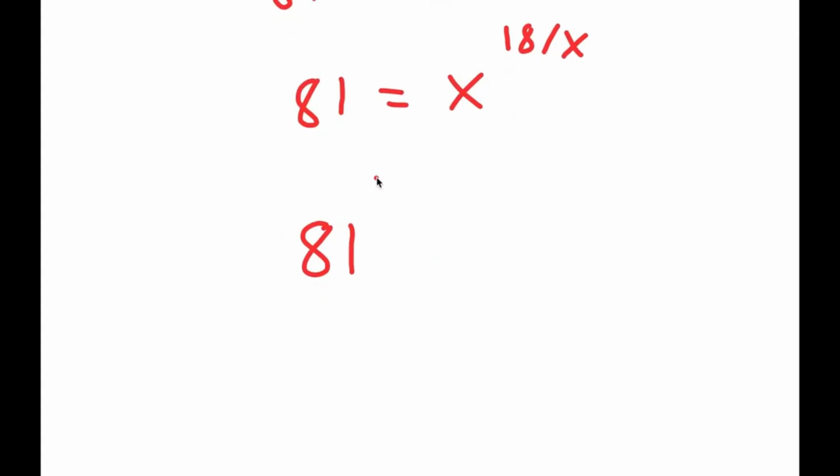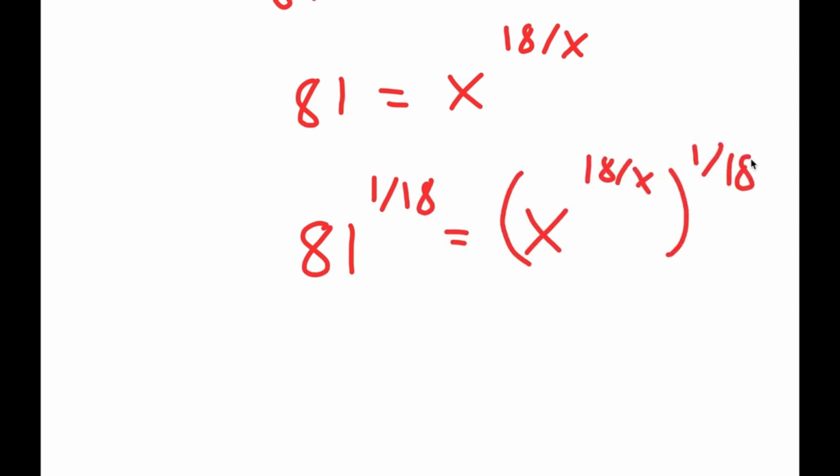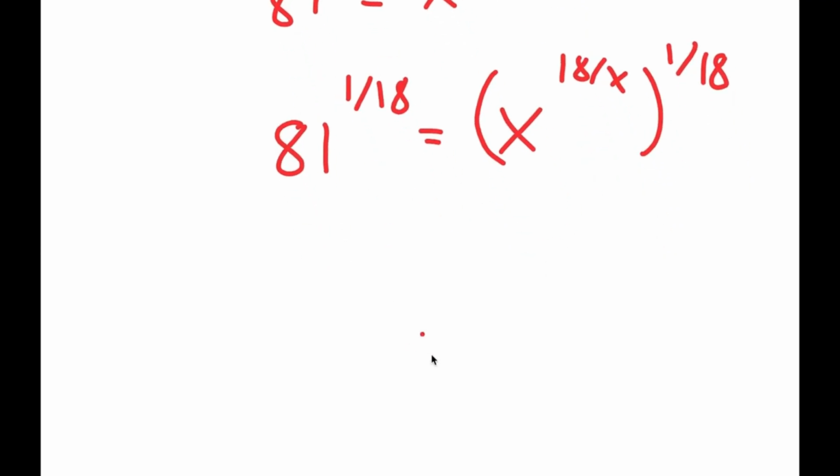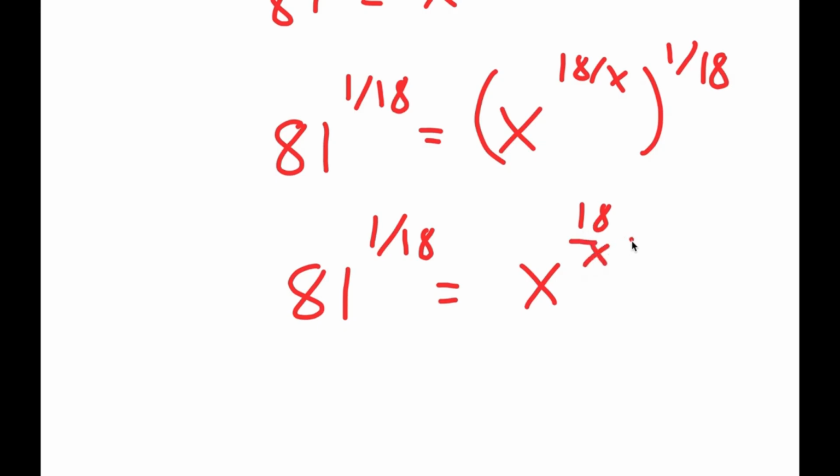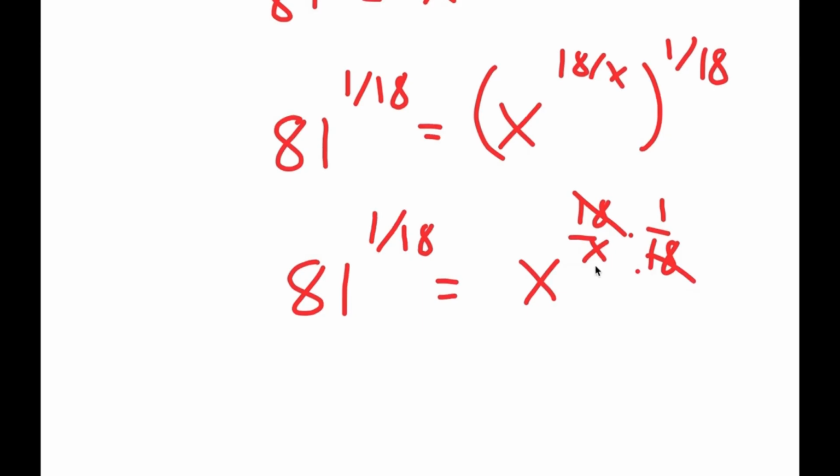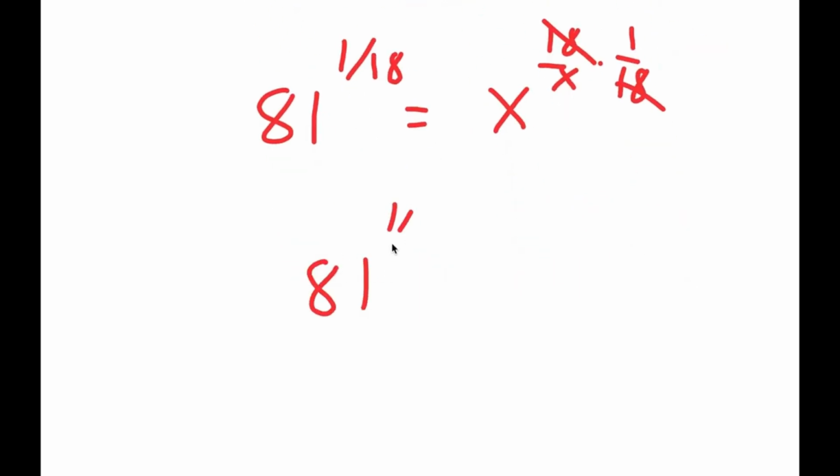So I get 81^(1/18) = (x^(18/x))^(1/18). And this is the same thing as 81^(1/18) = x^((18/x) times (1/18)), and these two 18s cancel out, so I get 81^(1/18) = x^(1/x).